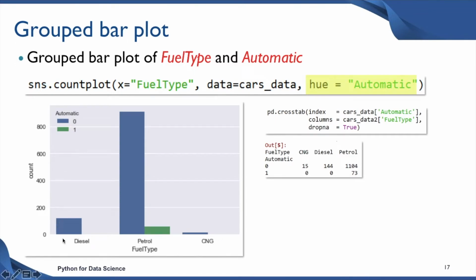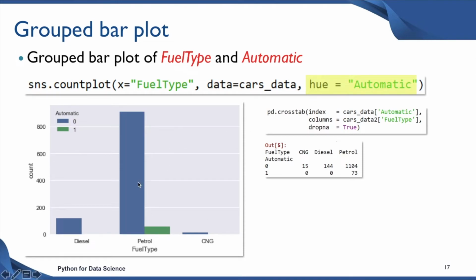So it says for petrol you have manual cars ranging more than 800, where 0 is for manual and 1 is for automatic, right? The automatic, with 1, you have less than 200 cars. So this is how you can get the distribution according to a third variable. That variable must also be categorical, so it cannot be numerical, right? It can be, but the graph will not give you the result in the correct format, right?